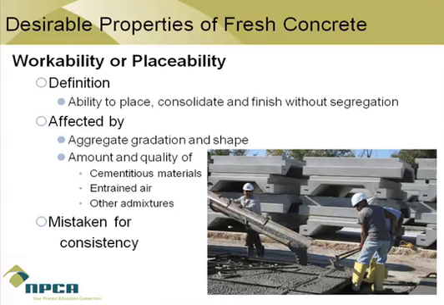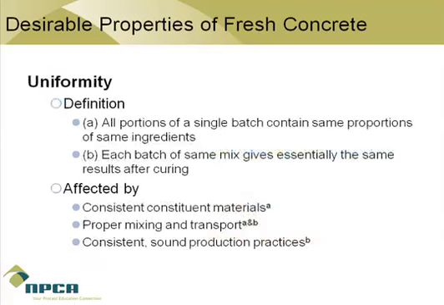Workability can be affected by many factors. Some of the factors that affect workability are temperature, water content, supplemental cementitious materials, and admixtures such as air entrainers, water reducers, and superplasticizers. Good uniformity means that all portions of a single batch will contain the same proportions of the same ingredients.